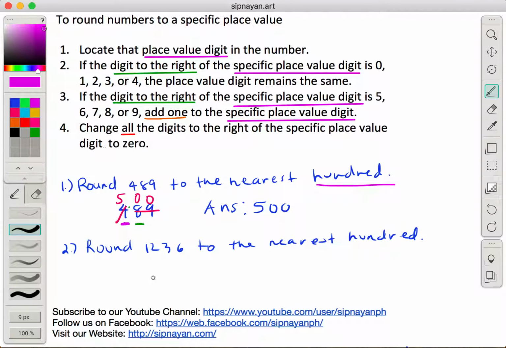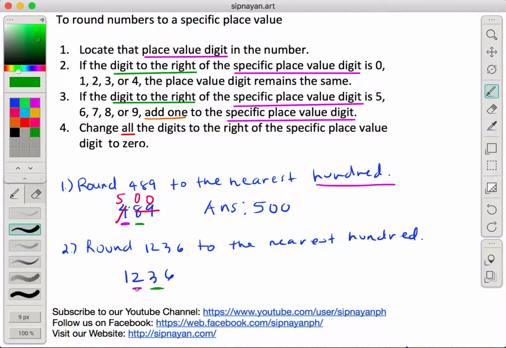Nasa 100 pa rin tayo, we have 1, 2, 3, 6. So, ang hundreds place natin ay siyempre yung pangatlong digit from the right. And the next digit is just 3. No? So, papaguhin pa natin to?